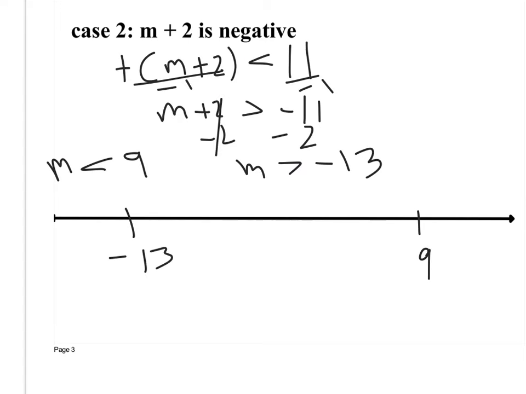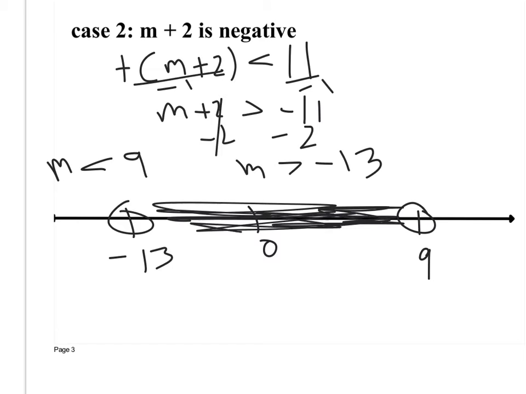Here's negative 13. It's an open circle for both. And m is less than 9, so it's going to the left. And m is greater than negative 13, so that's going to the right. So it's an intersection between these two numbers. So m can be any of those numbers from negative 13 to 9. Right? And this is a true statement.